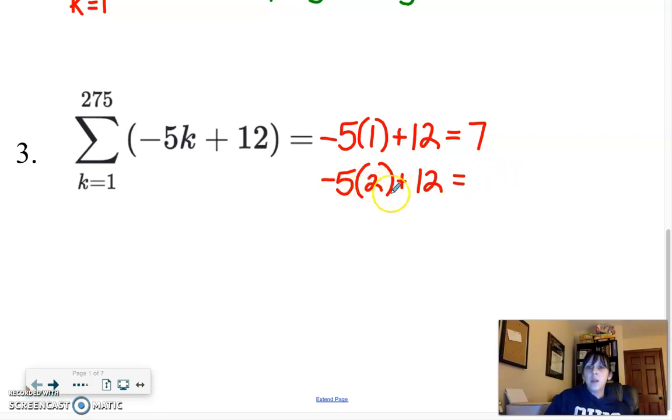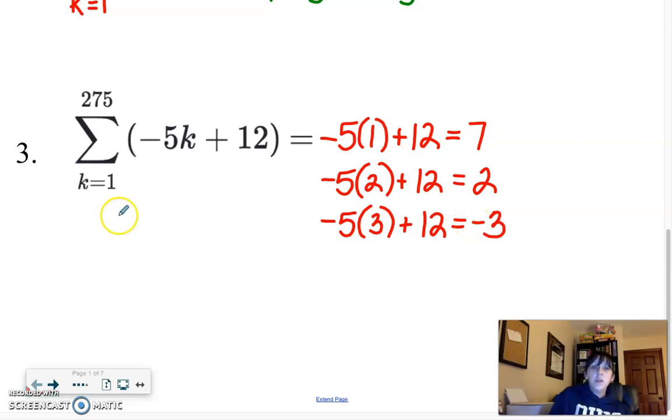So if I plug in 2, I get negative 10 plus 12. That gives me 2. And then maybe I'll do one more term. So I'm going to plug in 3. That would be negative 15 plus 12, which is negative 3. So this is representing a pattern that starts at 7 and then goes to 2, negative 3. Okay?